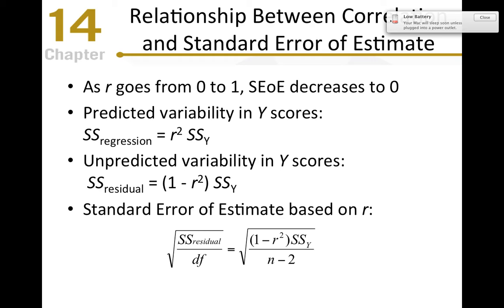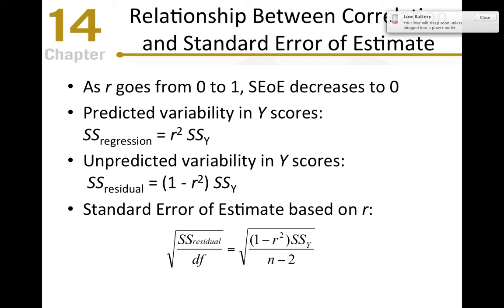Well, think about r squared, the coefficient of determination. That is the amount of variability in one variable that is accounted for by, attributable to, or shared with the variability in another variable. That gives us an idea of how these two variables are relating to one another and the proportion of variability that is shared.